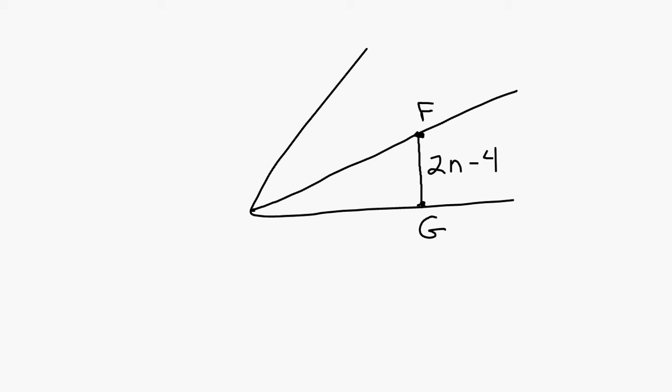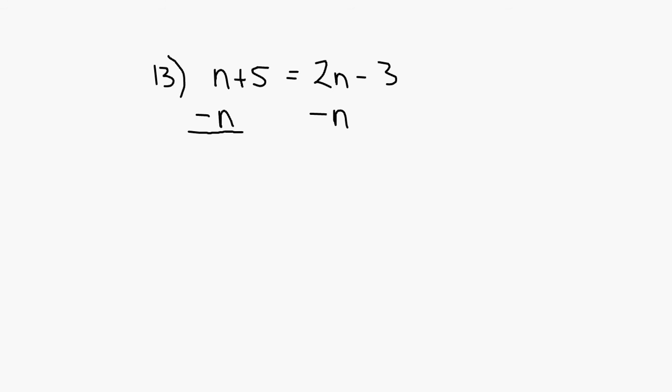And number 13, same setup. n plus 5 equals 2n minus 3. So you can subtract n from each side. 5 equals n minus 3.